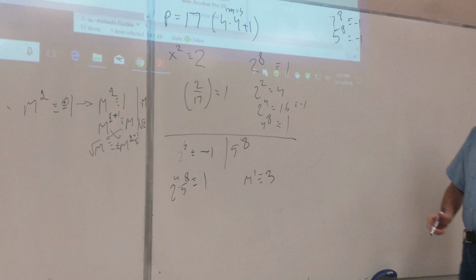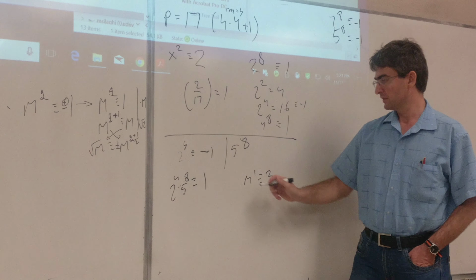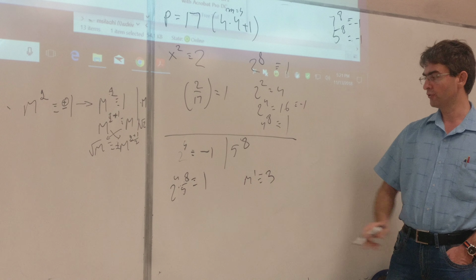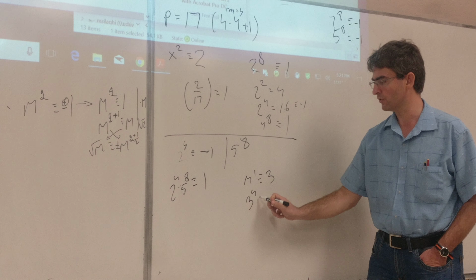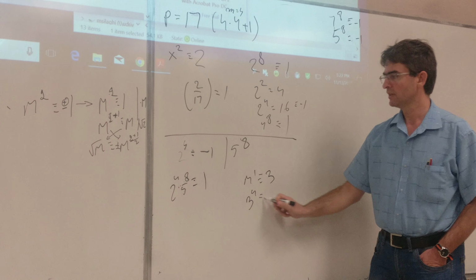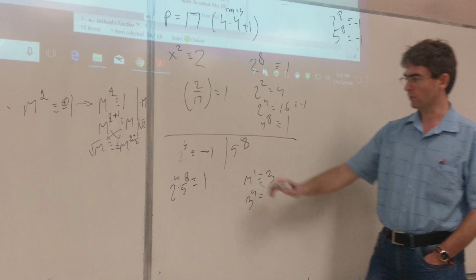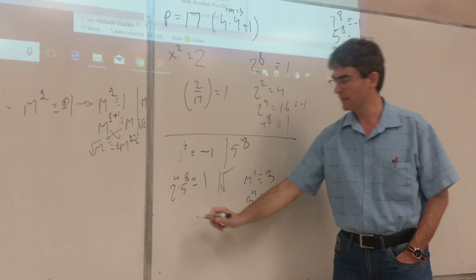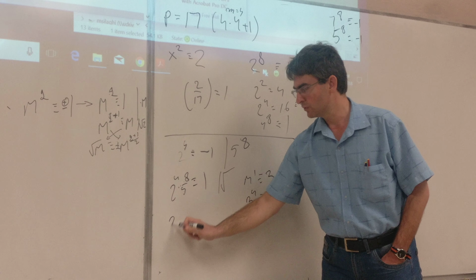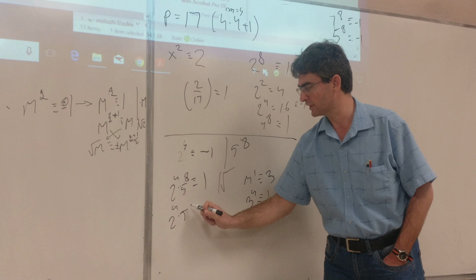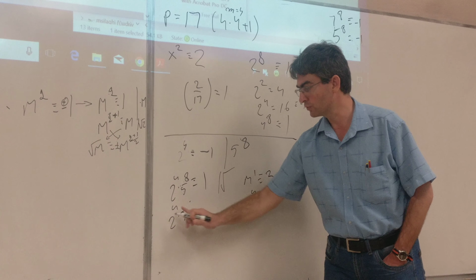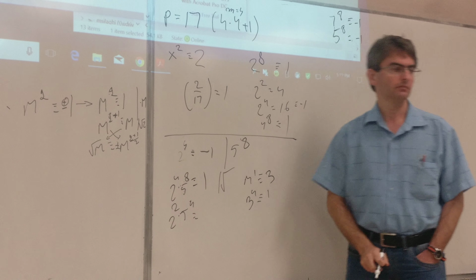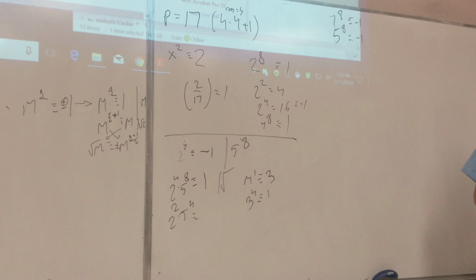So at this moment we can compute this m prime to the power 4, so 3 to the power 4 is going to be equal to 1, right? We are going to compute the square root of it. And we get here 2 to the 4 times 5 to the 2 to the 2 times 5 to the 4 is plus or minus 1, which one?